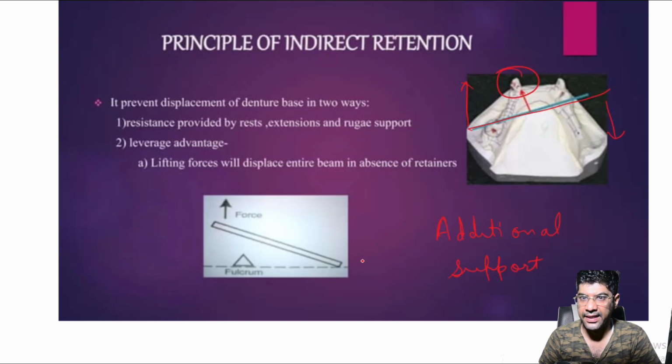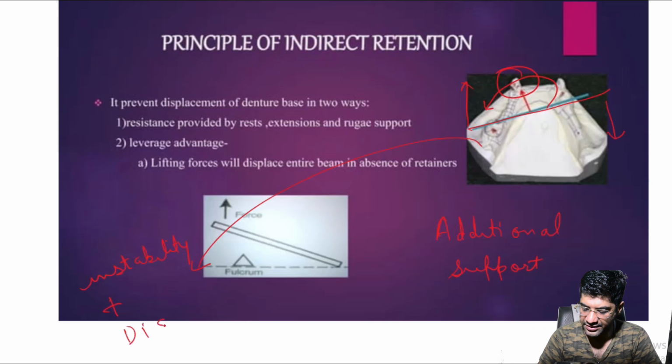So what happens if the denture has only a direct retainer and no indirect retainer? Without an indirect retainer, the denture is more likely to rotate around the fulcrum line. The direct retainer alone may not be sufficient to prevent the rotation, and that could lead to instability and discomfort.